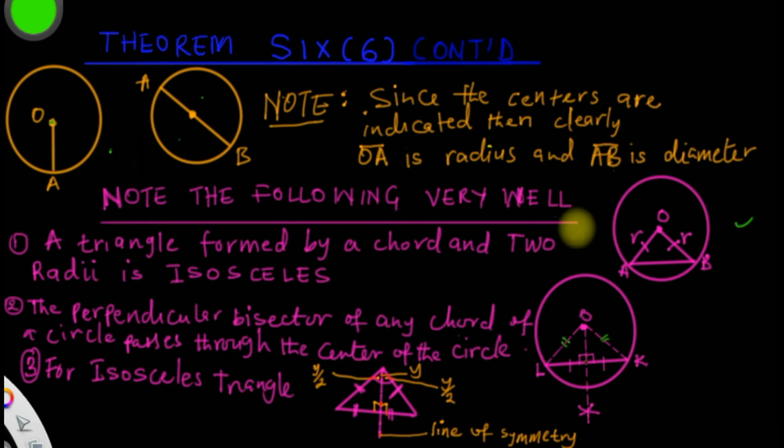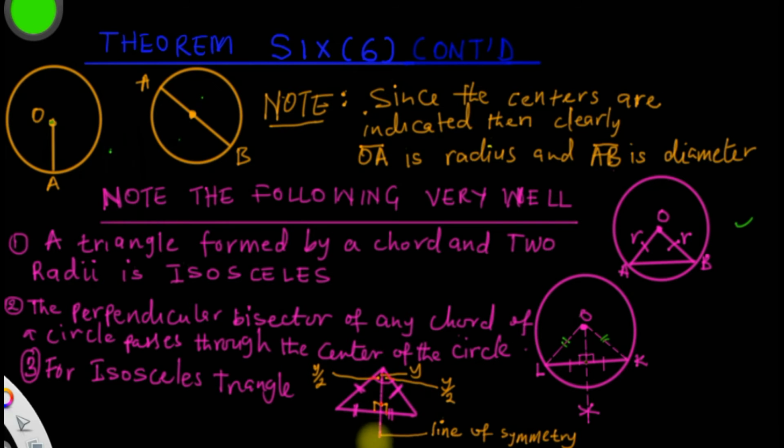Always in circle theorem, you see this kind of thing. So that's why it's important for us to know. And then we also have this number 3.3 note for the isosceles triangle. An isosceles triangle has one line of symmetry. A line of symmetry is a line that divides a shape into two equal parts.